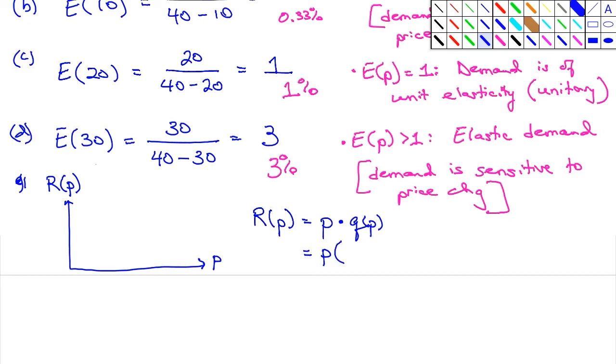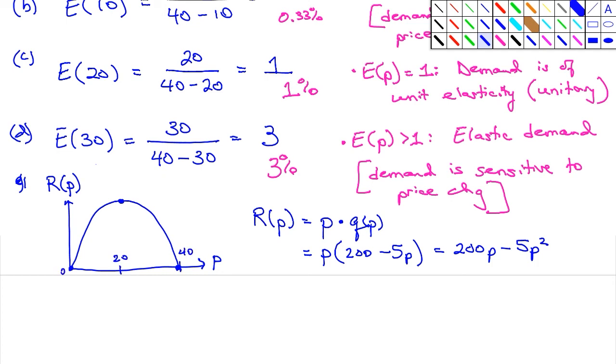So it's going to be P times, and our Q function was 200 minus 5P. So that's 200P minus 5P squared. That's a parabola that looks like this. Like so. And we have a maximum right here. That maximum is going to occur at 20. This is 40. And of course, this is 0.